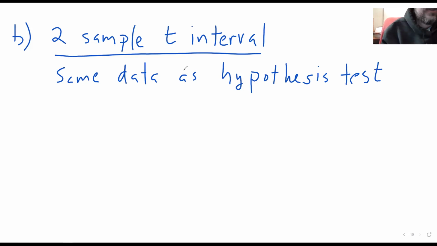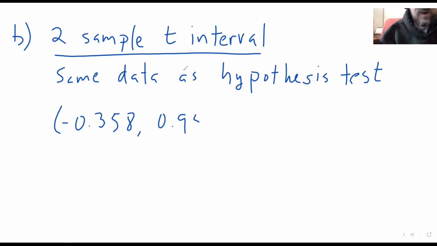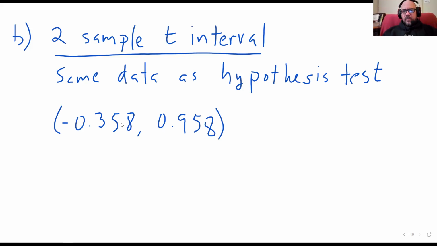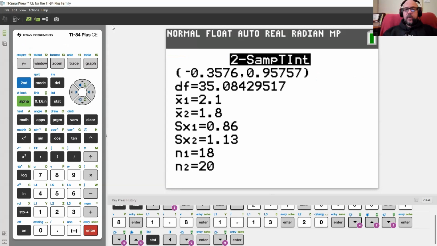And we end up with an interval that looks like this, negative 0.358 up to 0.958. Is it 8? I don't remember. I knew I was going to forget the number. 358 to 9. Oh, hey, I did remember it correctly. What do you know? Great.